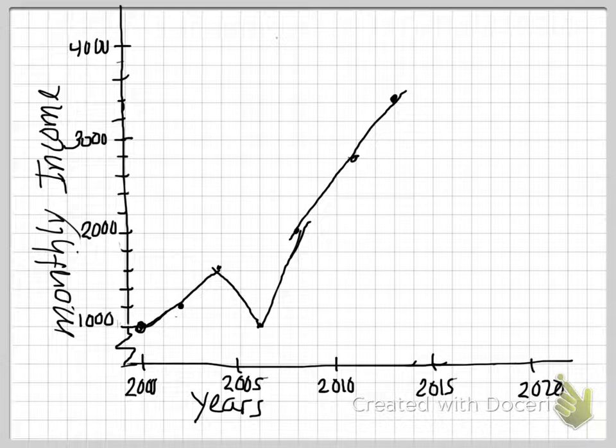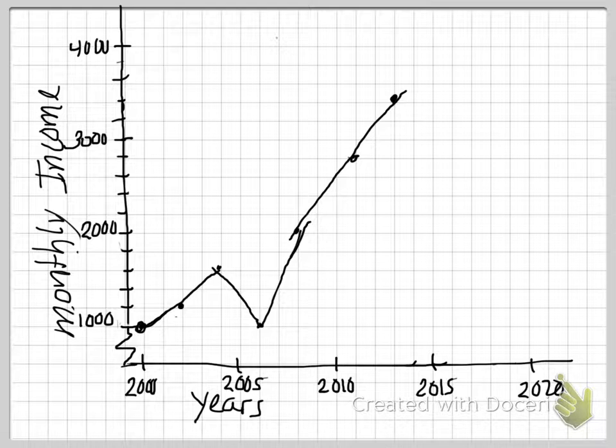So like this trend, the line is indicating rate. One of the things you could say if they asked you about this graph is that you can see my income was increasing, but then it took a drop over a couple of years. And maybe I went back to college or something. Okay, then all of a sudden it increased at a greater rate.